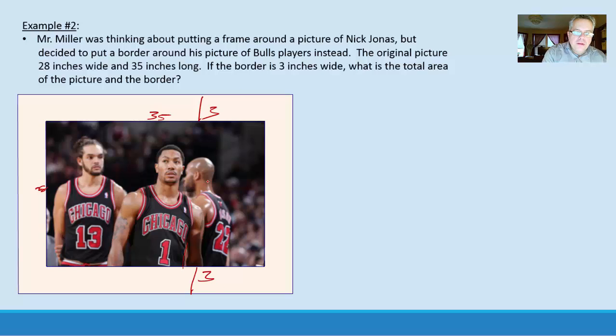So the width, the kind of vertical dimension, went up by 6. And if we add 3 inches here and 3 inches here, the length goes up by 6. So the new width would be 28 plus 6, which is 34. And the new length is 35 plus 6, which is 41. And those are the new dimensions we multiply to get the new area.